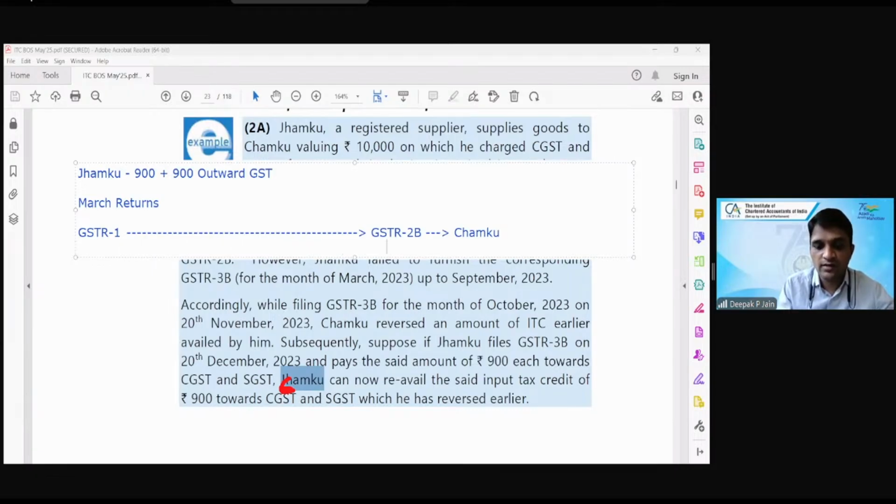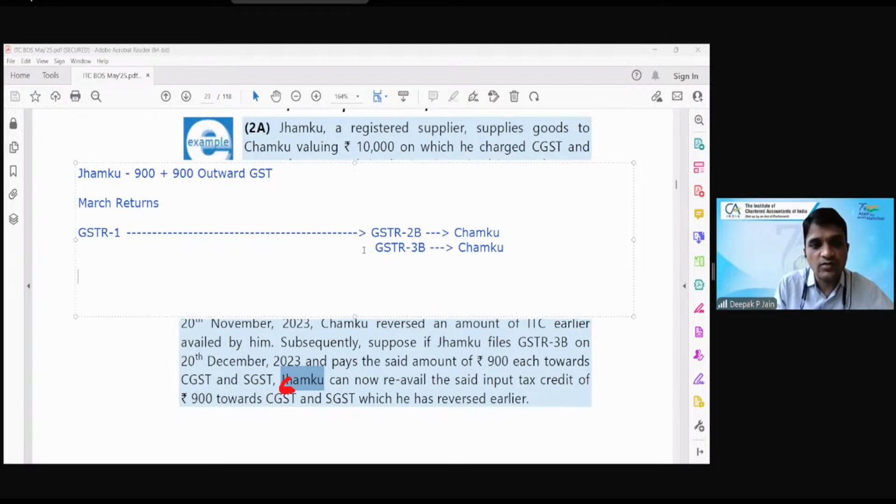He will claim it in his GSTR 3B. क्योंकि credit आ गया ना 2B में, the condition up till condition number 4 was that it should appear in my 2B. So that is appearing. So he has claimed the credit of whose, this is again Jamku's GSTR 3B. लेकिन Jamku has not filed the 3B return as yet. So what should Jamku do? We should wait till September.